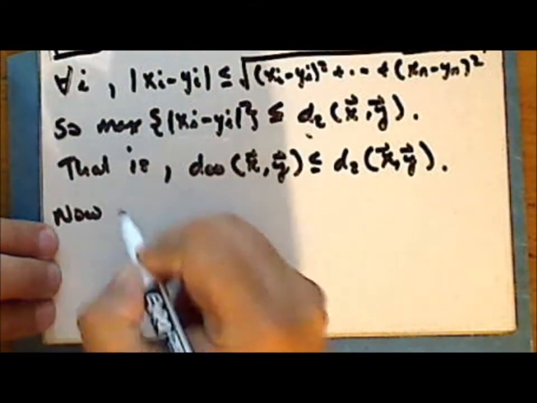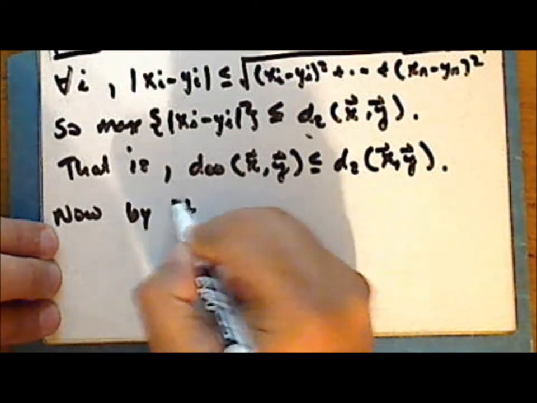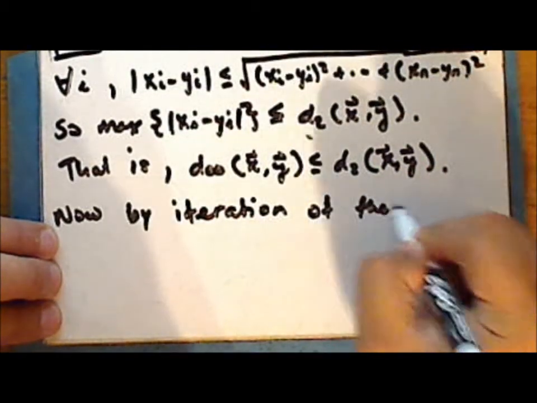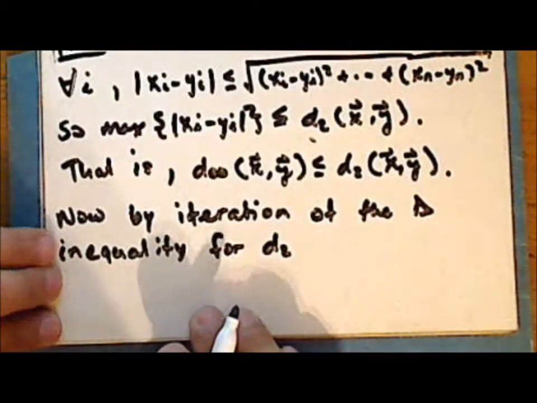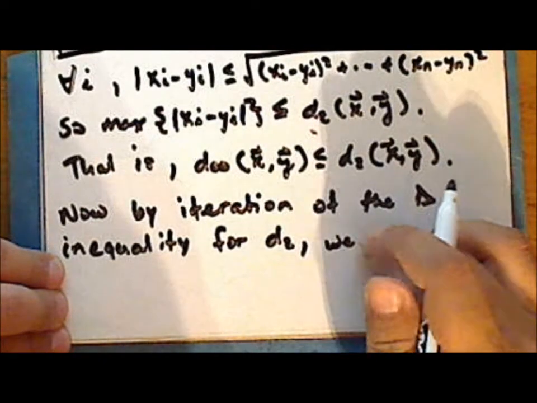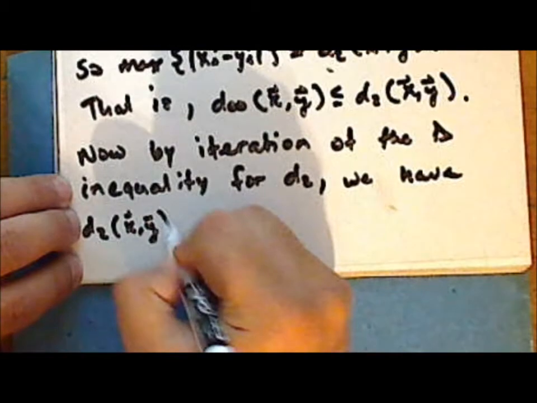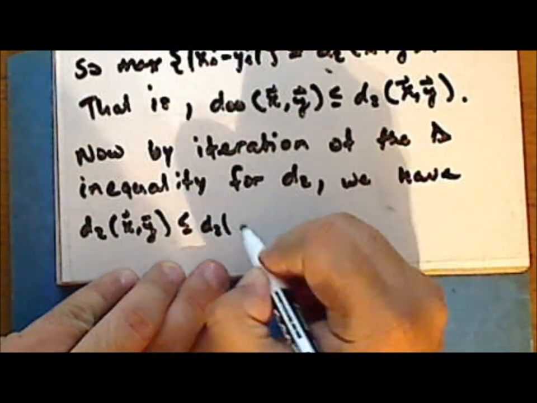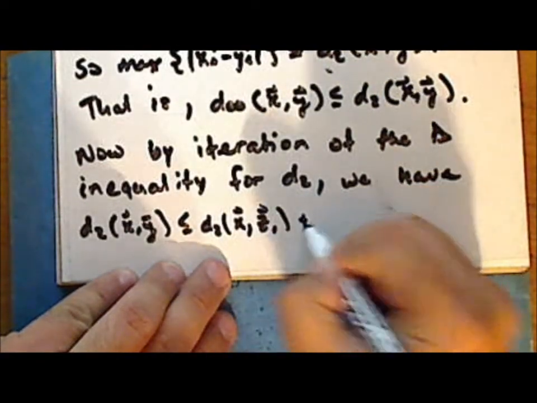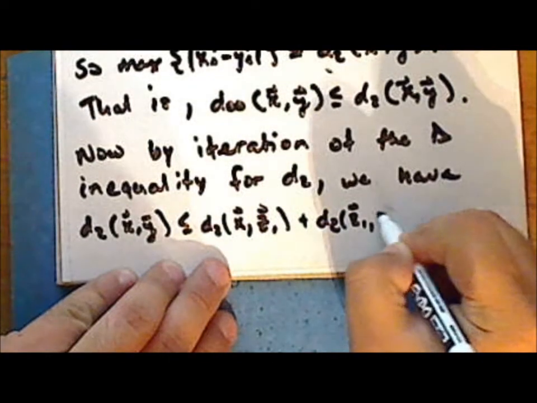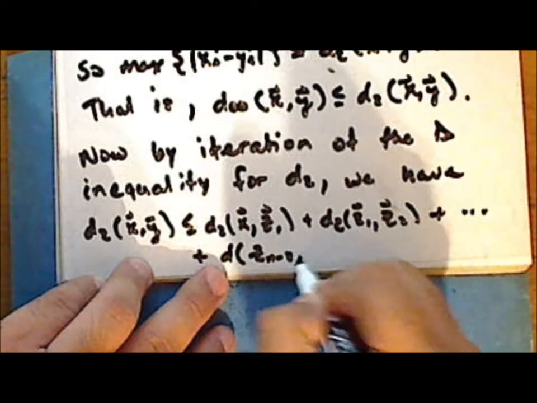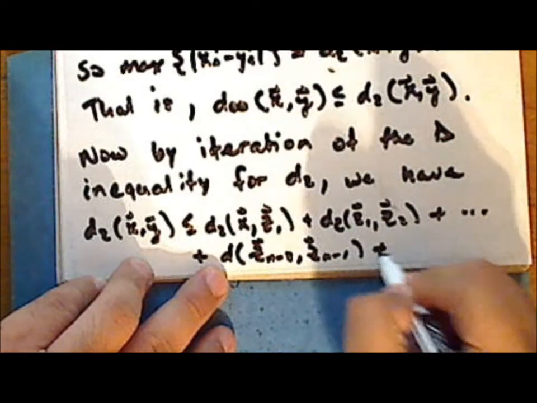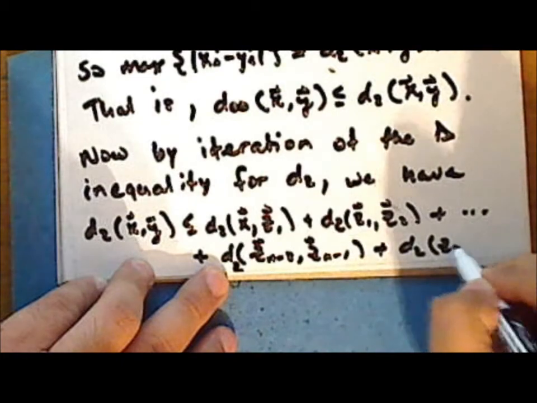So now, by iteration of the triangle inequality for the Euclidean metric, we have that the distance between x and y is less than or equal to the distance between x and z1, plus the distance between z1 and z2, and so on, plus the distance between z sub n minus 2 and z sub n minus 1, plus the distance from z sub n minus 1 to y.